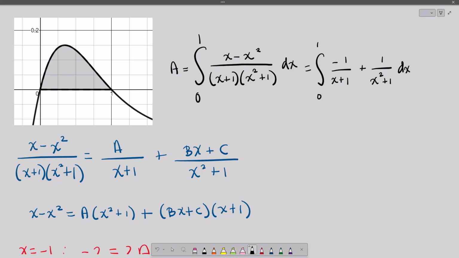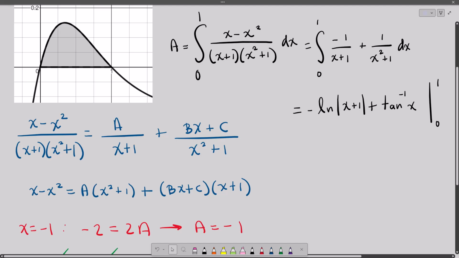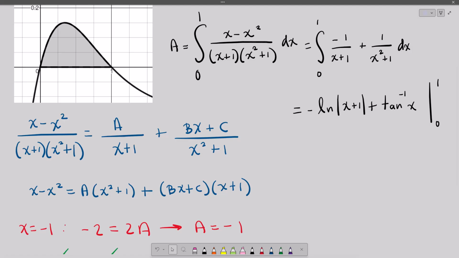So these are easily integrable. So we get minus ln absolute x plus 1 plus the arctangent of x from 0 to 1. Plugging in 1, you get minus natural log of 2 plus arctan of 1.